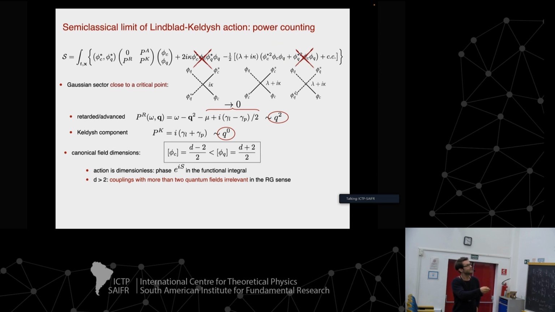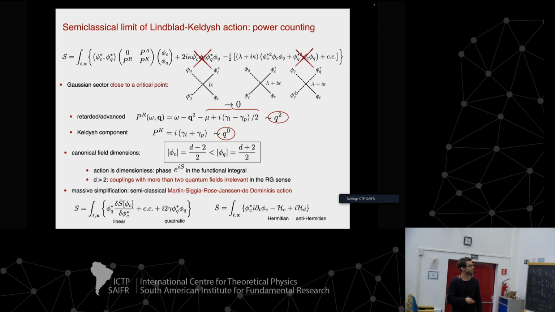Those that carry the least number of quantum fields are more important. In particular, if you go through the calculation in detail, you see that, for example, this term with 3 powers of the quantum field, and this with 2, are totally irrelevant in the sense of the renormalization group, and they can be dropped from the start.